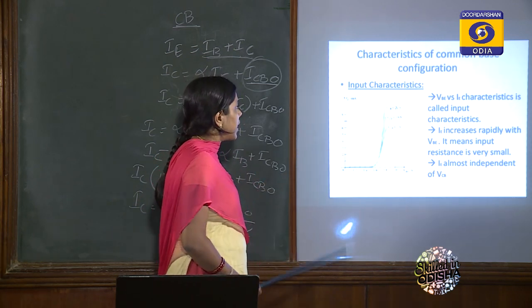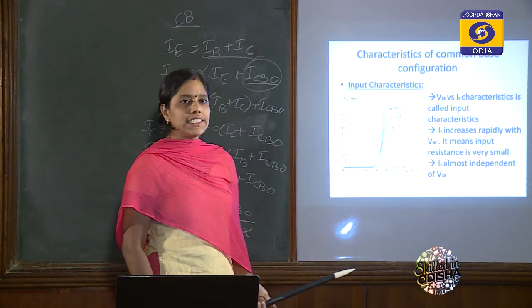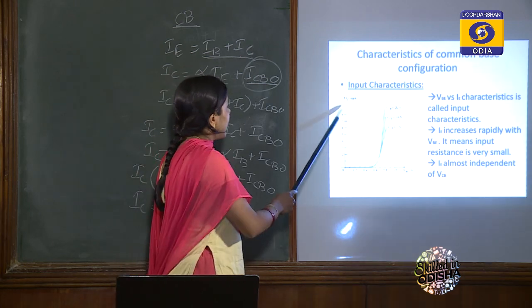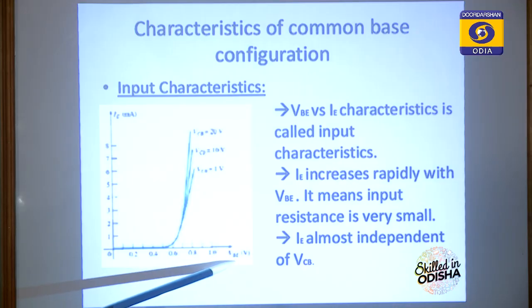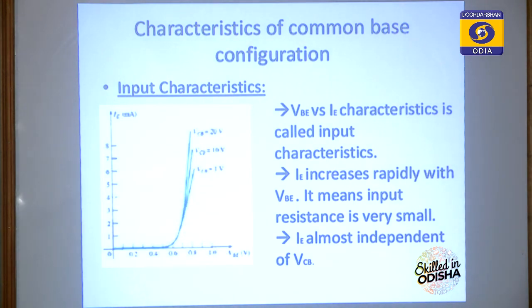For common base, input current is IE, input voltage is VBE, and output voltage is VCB. So this is the curve between IE and VBE at constant VCB.